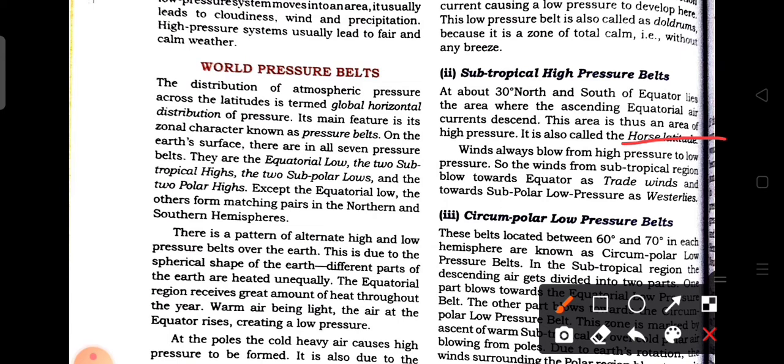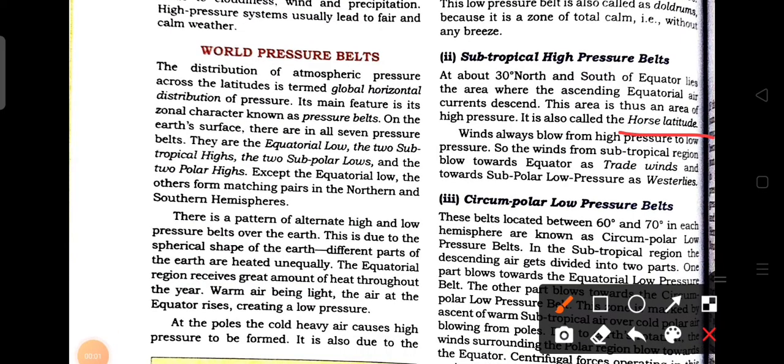According to legend, the region experiences calm winds. So the ships carrying cargo of horses sailing to America had to throw some horses overboard in this latitude to conserve the scarce water. As they were unable to sail in this region due to lack of wind, the sailors had to throw these horses. That's why this latitude is called the horse latitude.